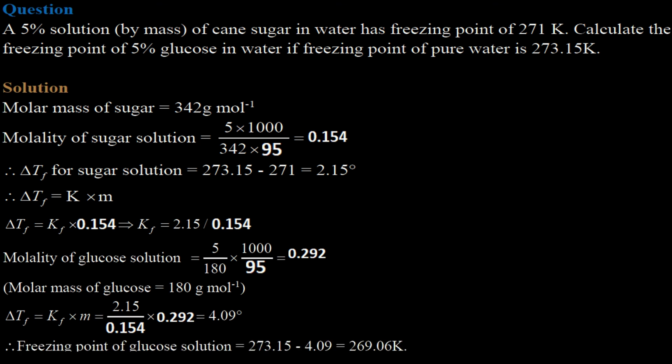Now the freezing point of the glucose solution: that of pure water is 273.15, and delta TF, the depression, is 4.09. So from 273.15 you have to subtract 4.09 to get the freezing point of the glucose solution, which is 269.06. So I hope you have understood all these problems.